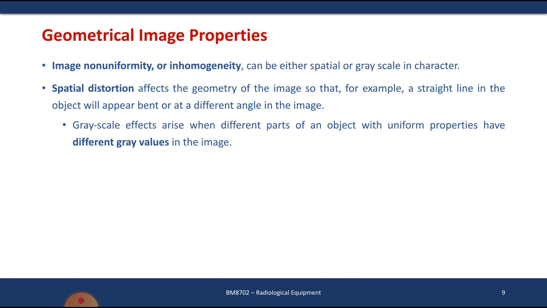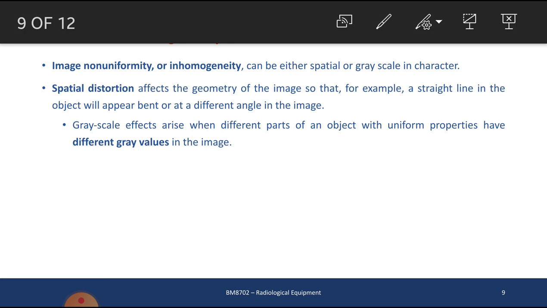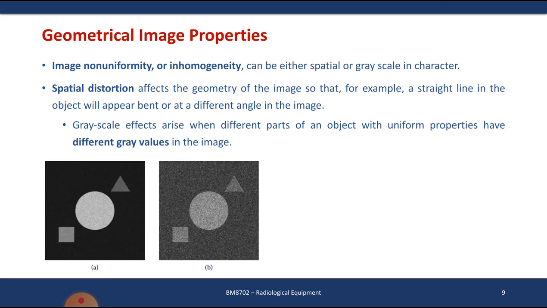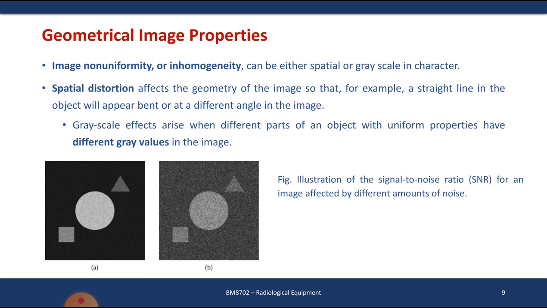So the grayscale effect arises when we have different gray values in the image. For example, here you have figure A and figure B. Figure A has a black background with three different objects. Figure B has a noisy background with three different objects. What does it mean here? We are trying to calculate the signal to noise ratio for these two images with different amounts of noise.